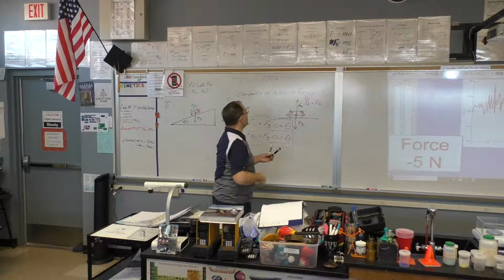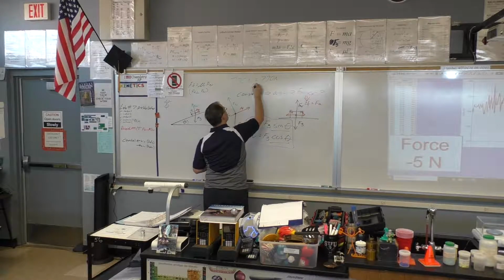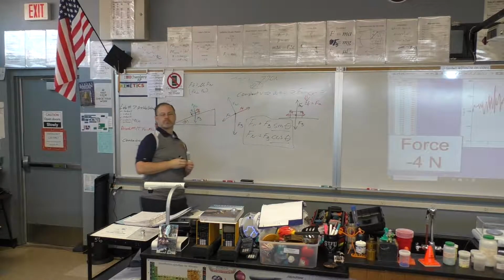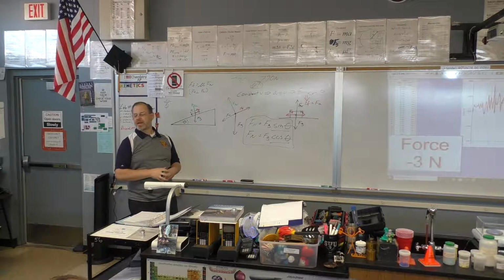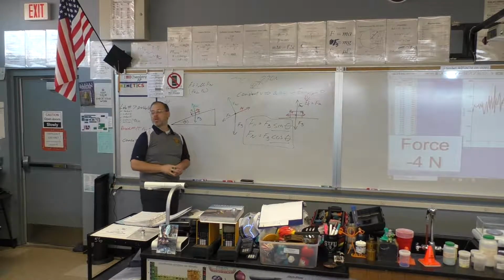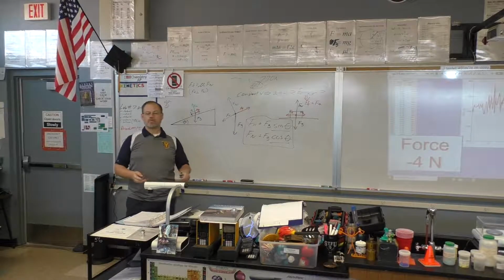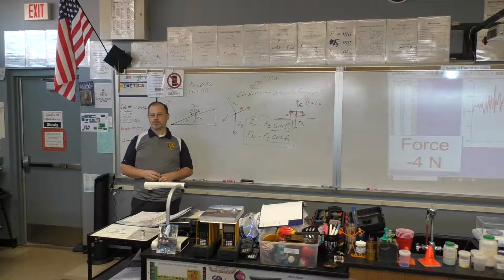Could you figure out what the angle is, where the scale said 730 even though he weighs 770? How might you do that? What formula might you use to find that angle?